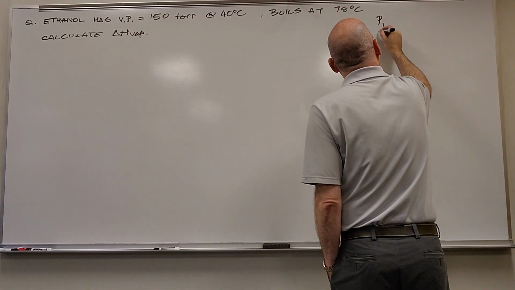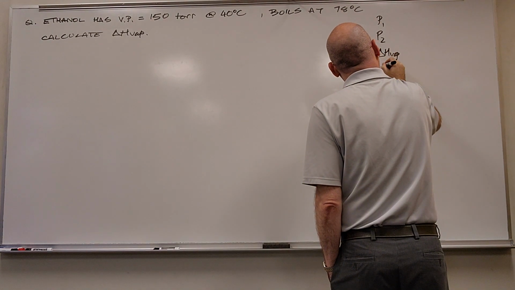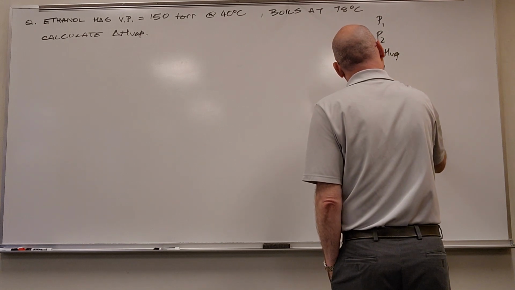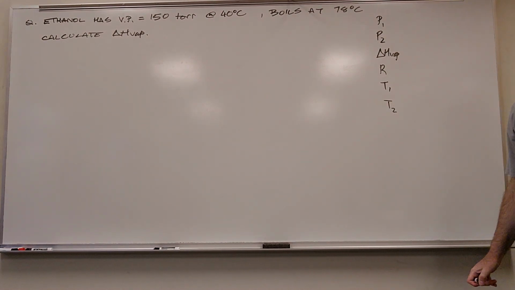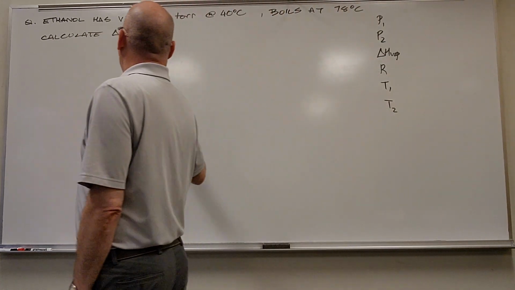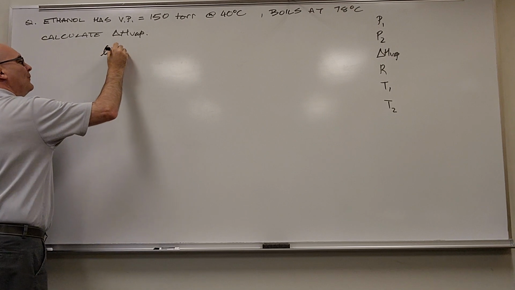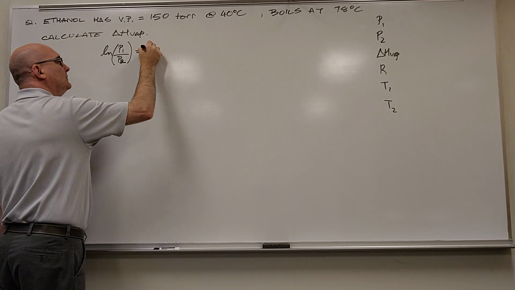You're going to need a P1, a P2, a delta H vap, an R, a T1, and a T2. We're going to squeeze it into the same form as before. P1 over P2, log of.